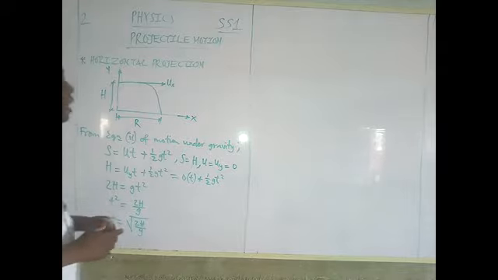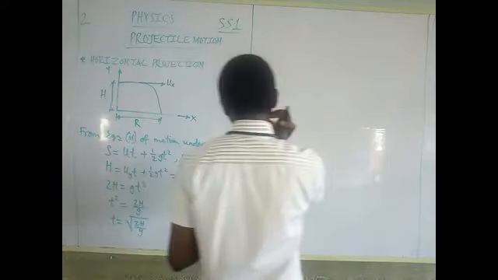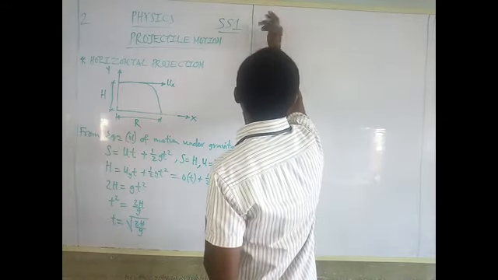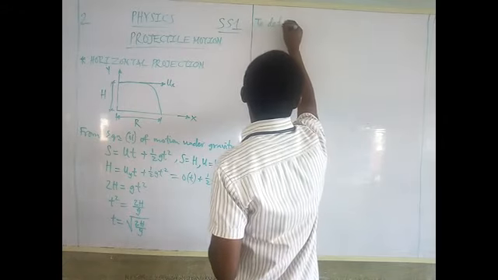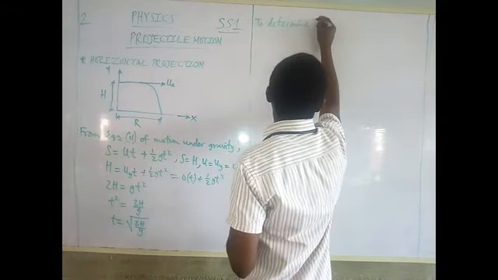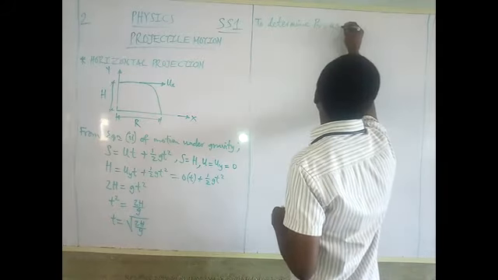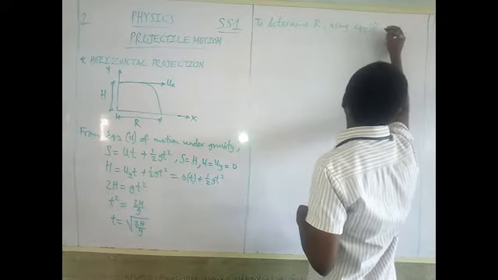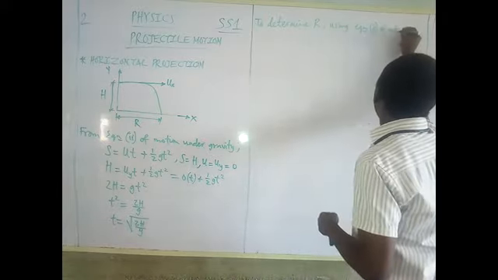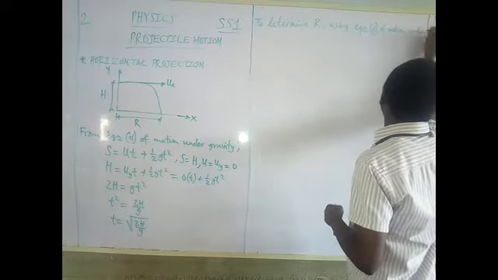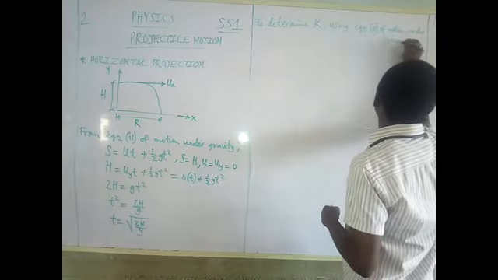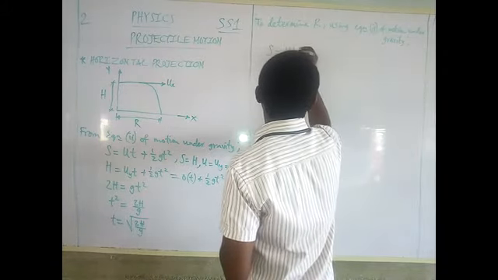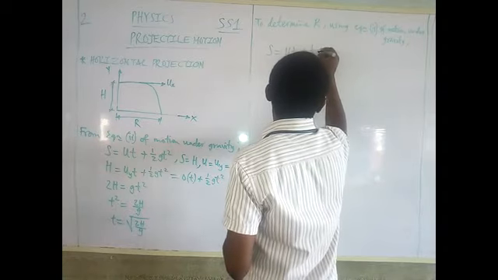Having said that, let us establish an expression for our r. To determine r, using the same equation 2 of motion under gravity, that same equation says S is equal to ut plus 1/2 gt squared. Because the body is coming down, g will still carry plus.